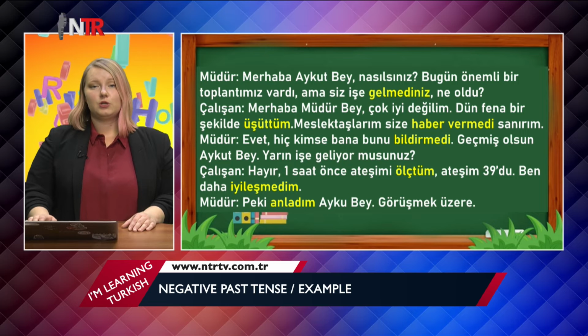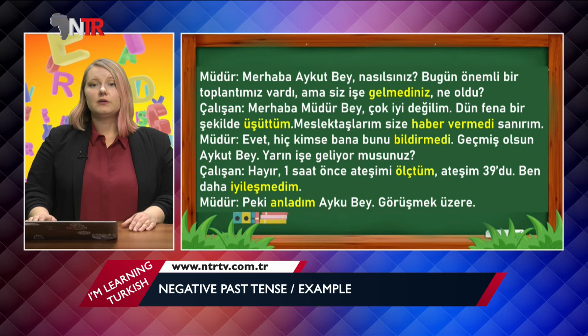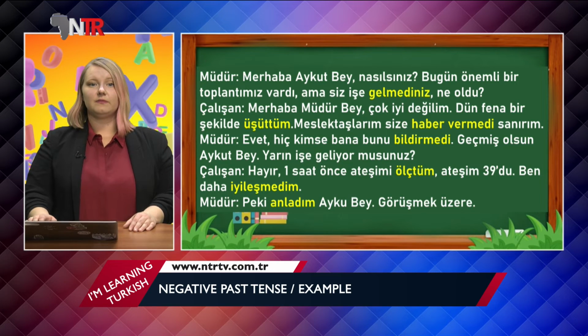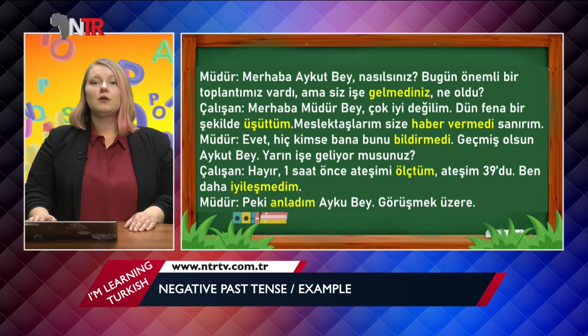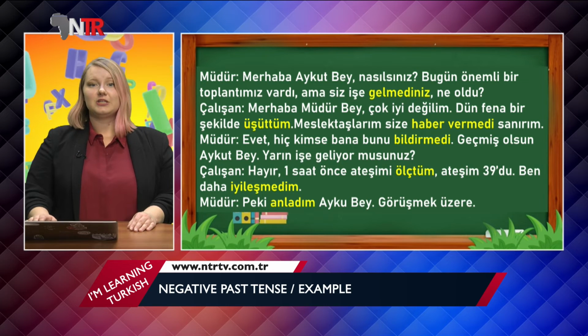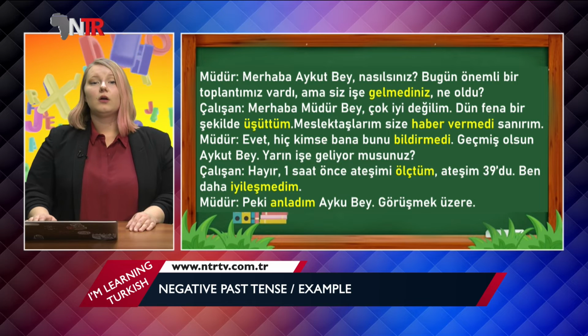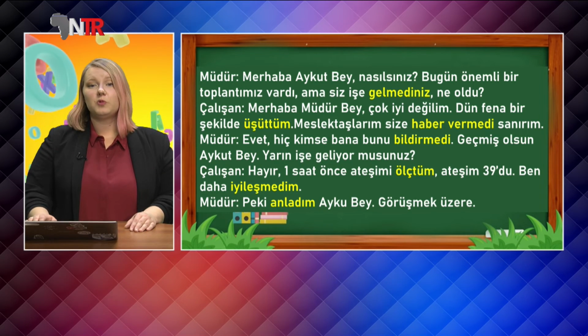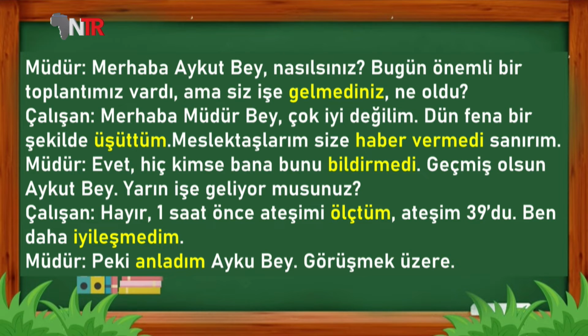Dün fena bir şekilde üşüttüm. Meslektaşlarım size haber vermedi sanırım. Evet, hiç kimse bana bunu bildirmedi. Geçmiş olsun Aykut Bey. Yarın işe geliyor musunuz? Hayır, 1 saat önce ateşimi ölçtüm. Ateşim 39'du. Ben daha iyileşmedim. Peki anladım Aykut Bey. Görüşmek üzere.